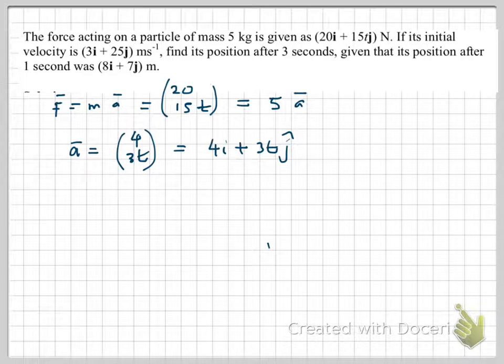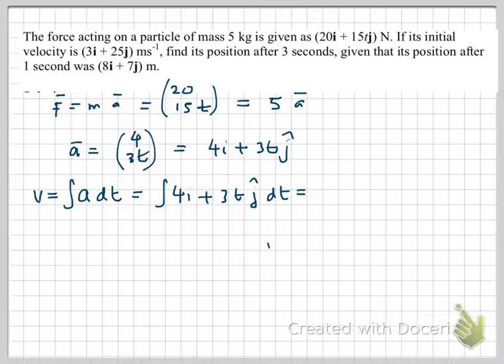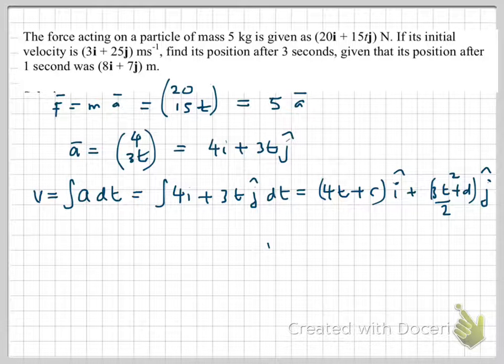Now from acceleration we can then find velocity, and we'll therefore integrate acceleration, and we'll integrate each component separately. So we'll integrate the i part separately and the j part separately. You can think of it almost as two different integrals, and therefore they'll each have a constant which we'll call c and d.